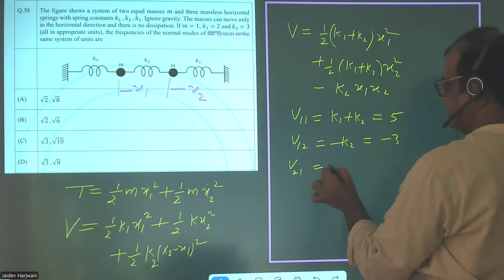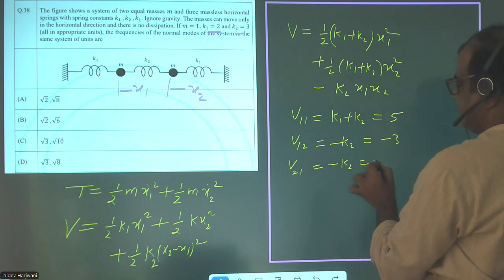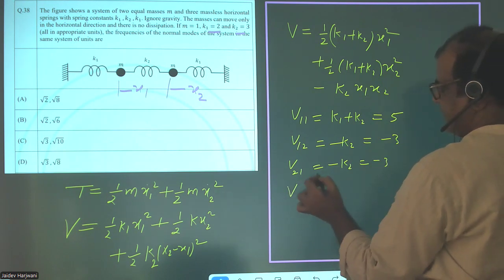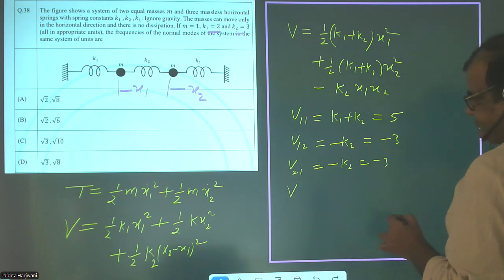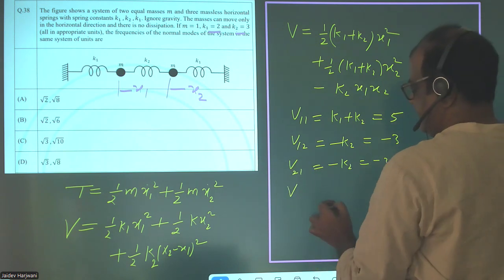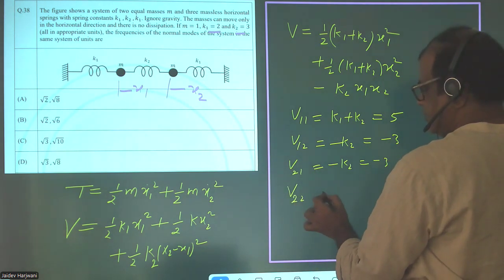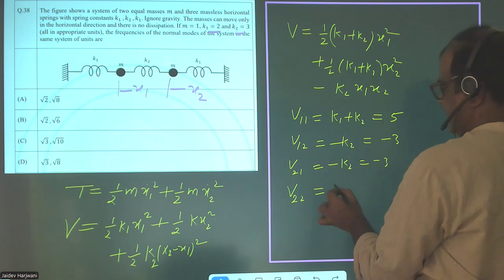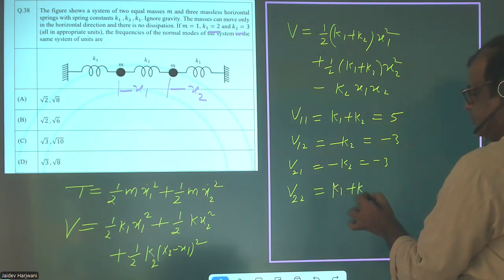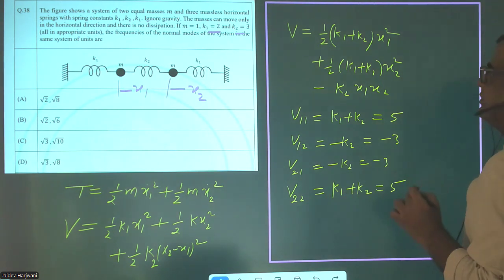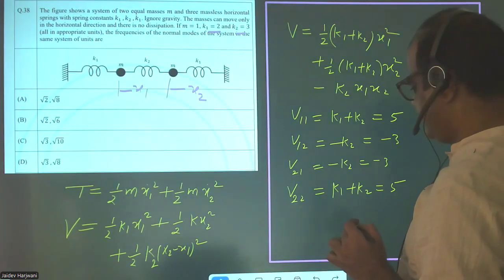V21 is also minus k2, which is minus 3. And V22 will be again k1 plus k2 equals 5. Okay, so now we have these things.